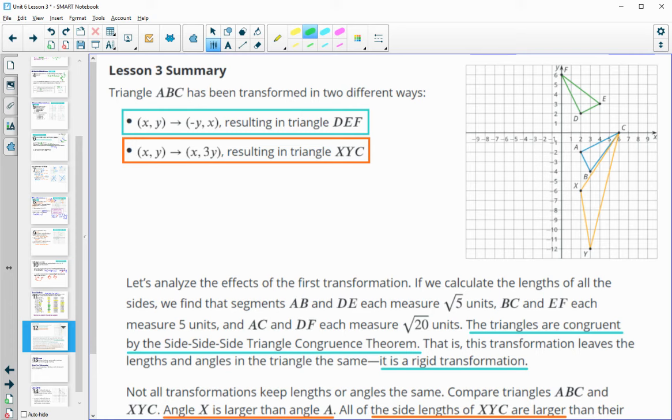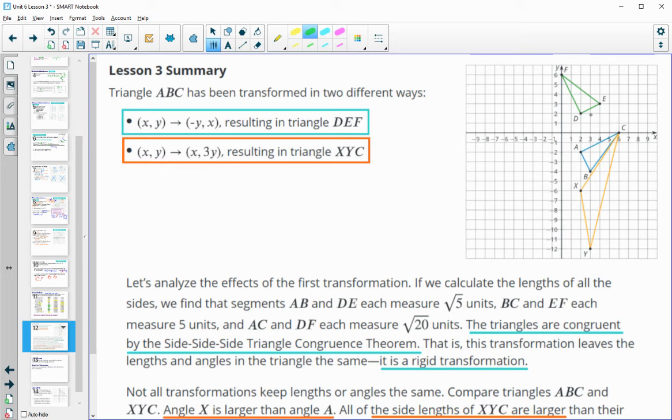All right, so the summary here: if we plot a point and we have the opposite of the x, the opposite y first and then x, and we switch those coordinates around, what's that going to produce? That's producing DEF here from ABC.